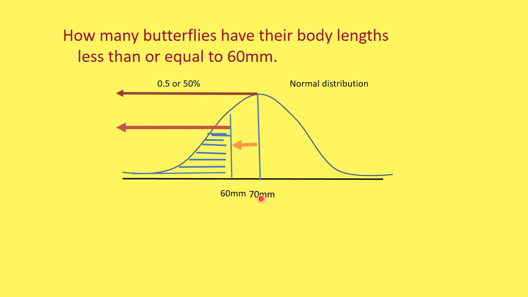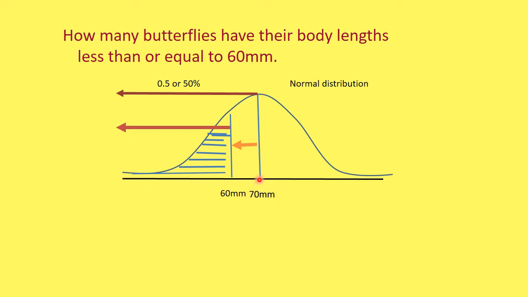Then we have to find, from 70 millimeter to 60 millimeter, what is the probability. For that, you need to convert these normal distribution values into standard normal distribution values or Z-score values. So the very first thing you need to do is convert these values into Z-score values.